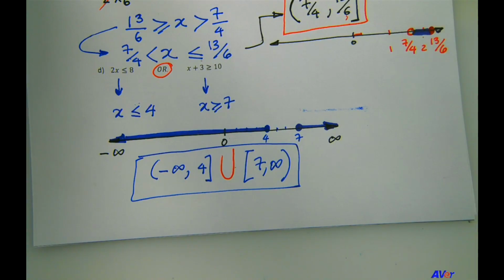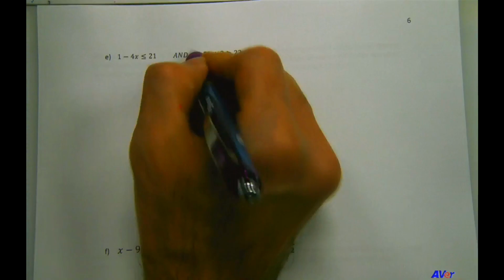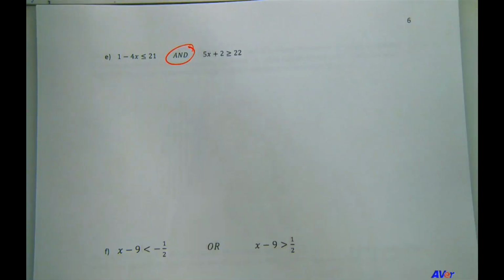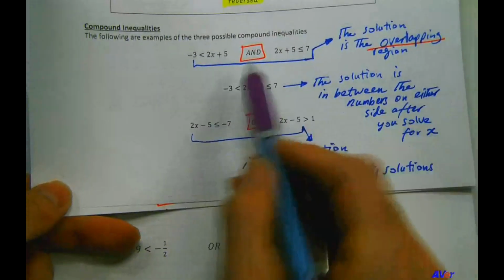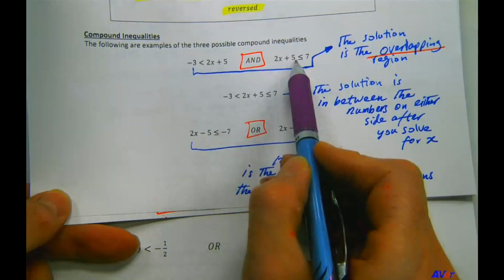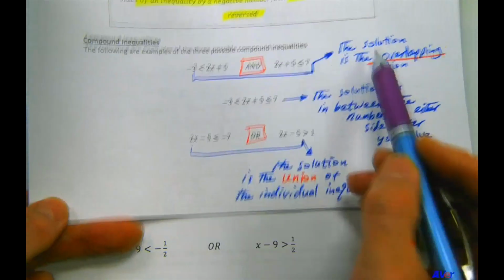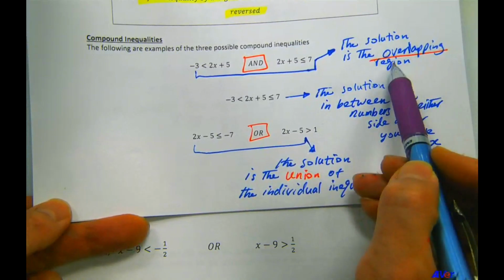I hope this matches what you have on your own scratch paper. All right. So here we have a compound inequality of the AND kind. Very important to notice these things, right? So let's look back at the first page where we talked about interpretation of these words. If we have an inequality AND inequality type of compound inequality, then the solution is the overlapping region.